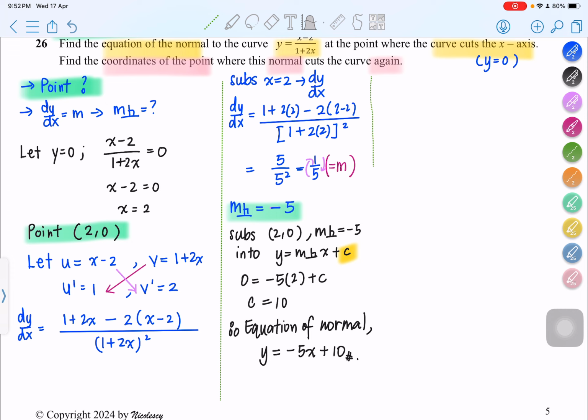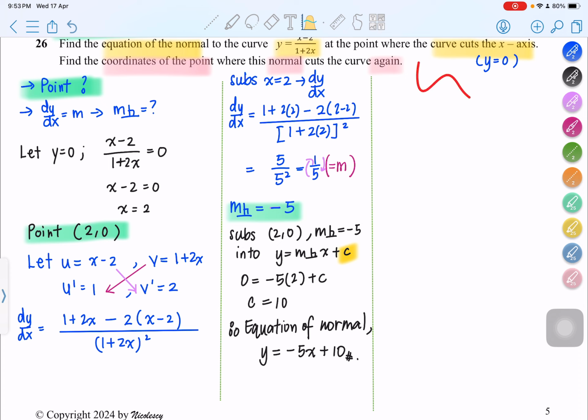So let's look at the second part of the question, which I already highlighted in pink: the coordinates of the point whereby the normal cuts the curve again. What does it mean? Let's say our curve looks like this.